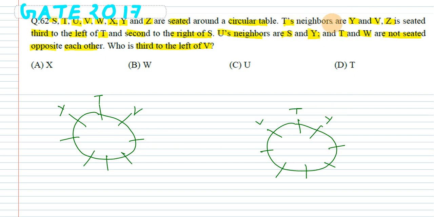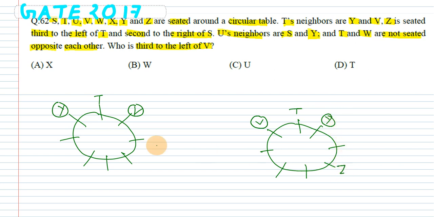So T's neighbors are Y and V. The next statement says Z is seated third to the left of T. This is T and its left side, and Z is third, so first, second, third.